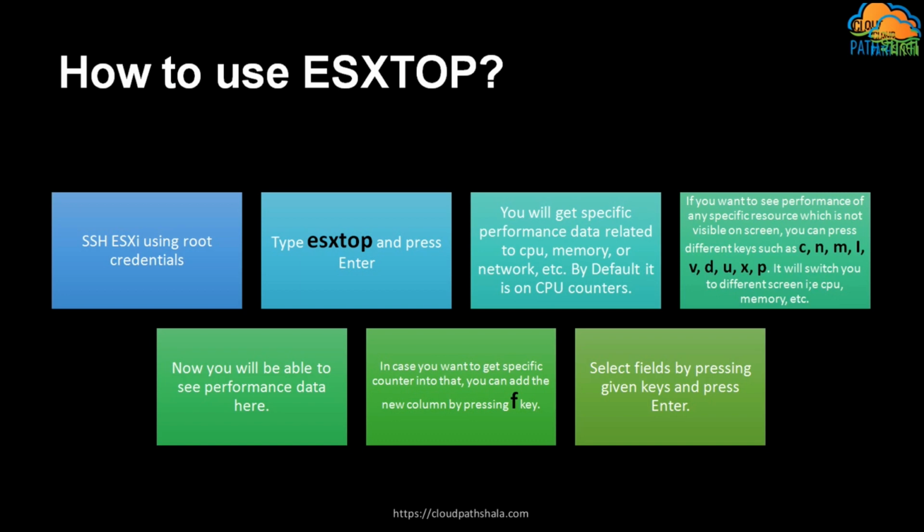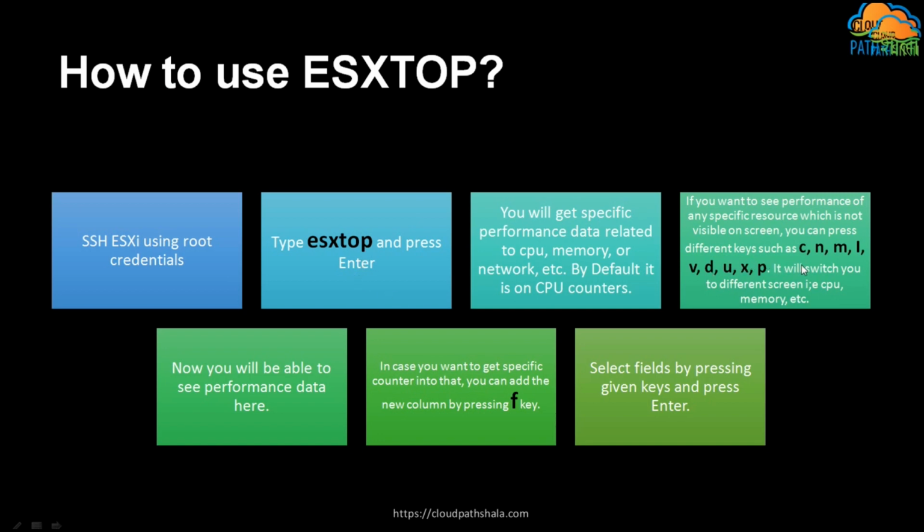You can do it over the DCUI or over a direct PuTTY, but it has to have shell permissions and root access. When you want to run it, just type esxtop and press enter. It's going to bring up a chart where you will see memory, CPU, and different counters.